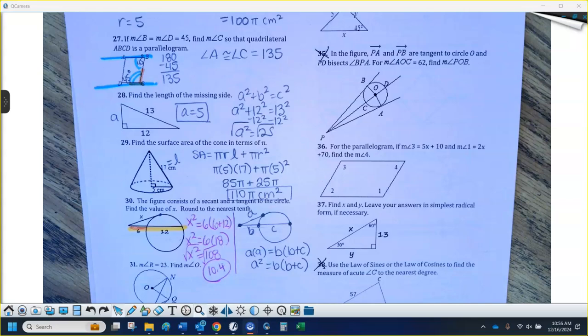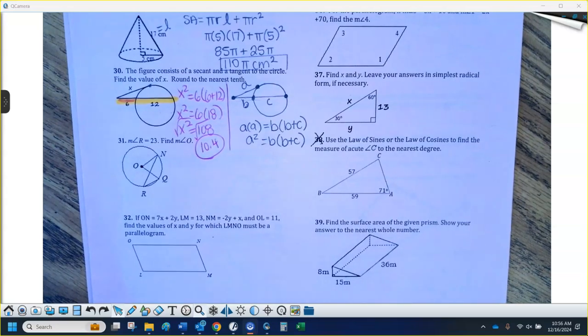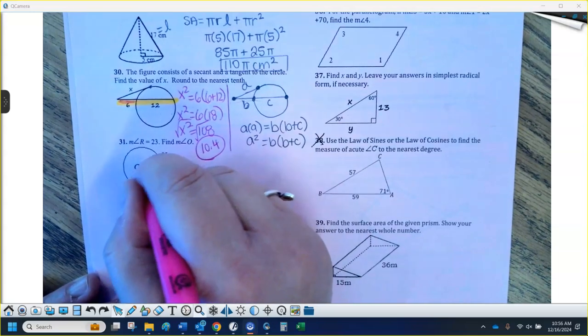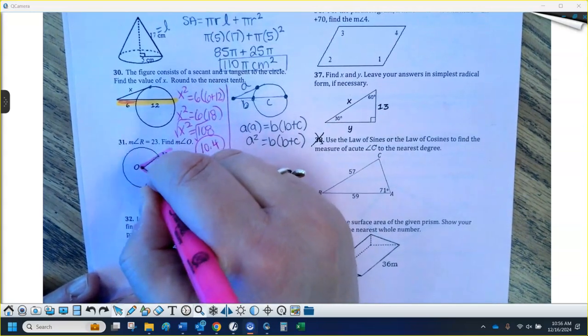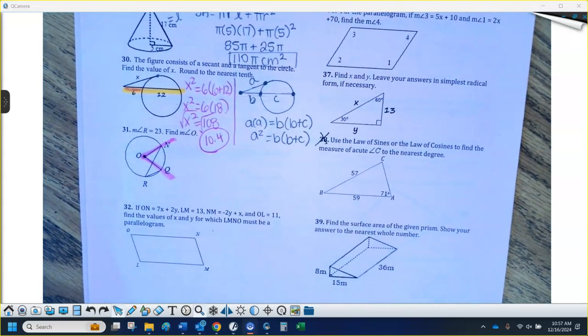All right, this next question is really good because it's going to review a couple concepts in the same question. Sorry, the diagram is so tiny. You have two angles going on here. The angle I want to find is the one I'm highlighting right now, which is the angle with the vertex on the center of the circle. That's called a central angle.